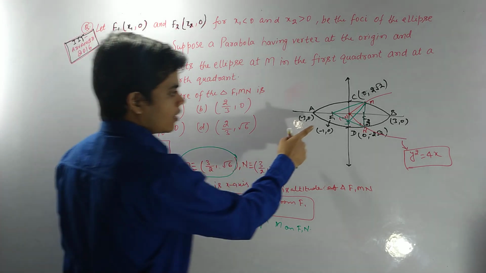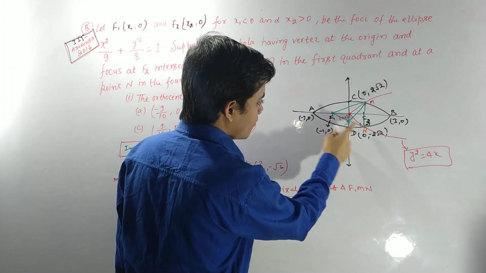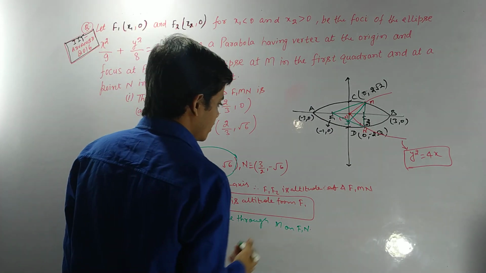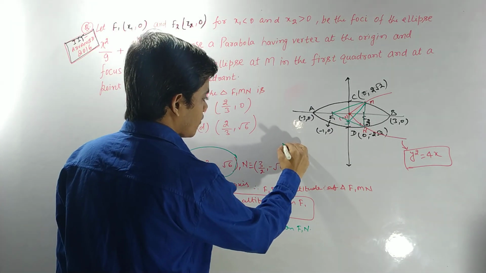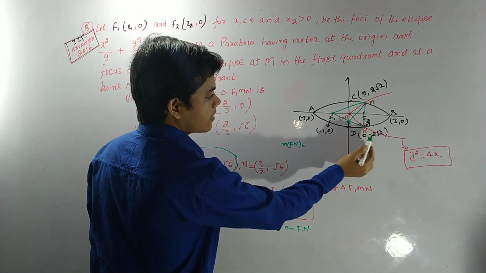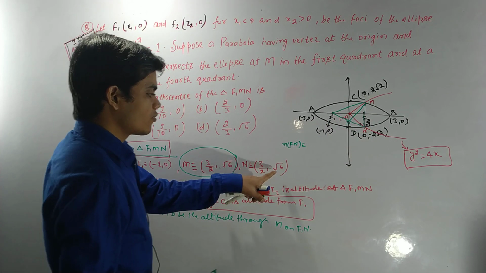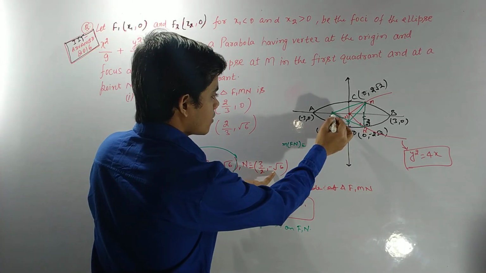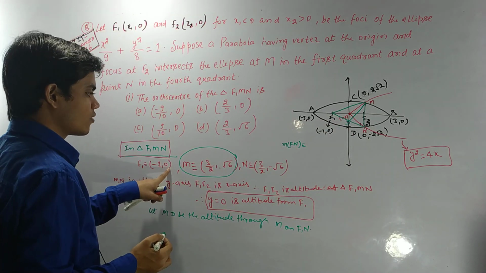So first of all we have to find the slope of F1N. The coordinate of N is 3 by 2, minus root 6, and the coordinate of F1 is minus 1 comma 0.